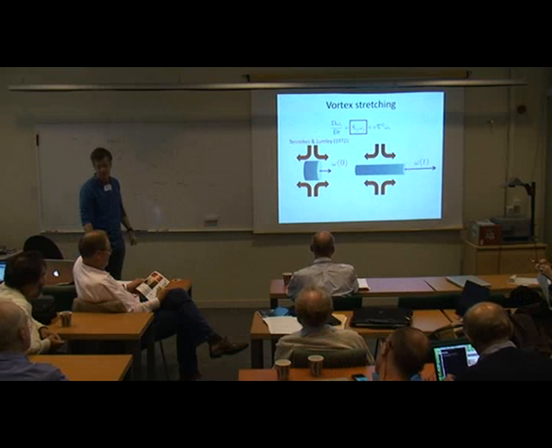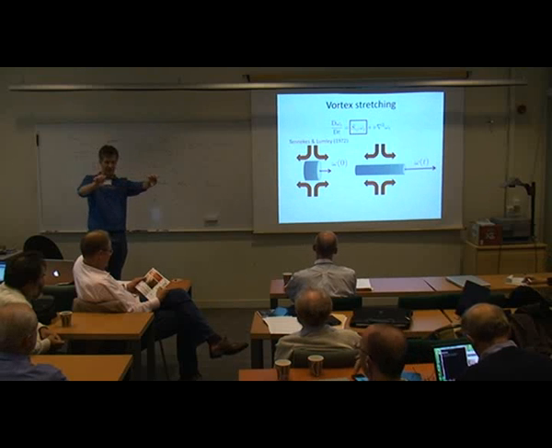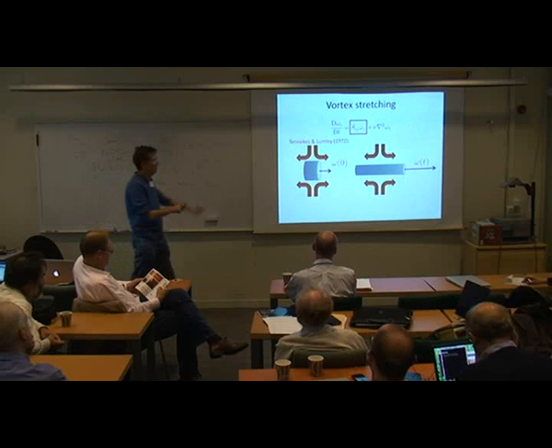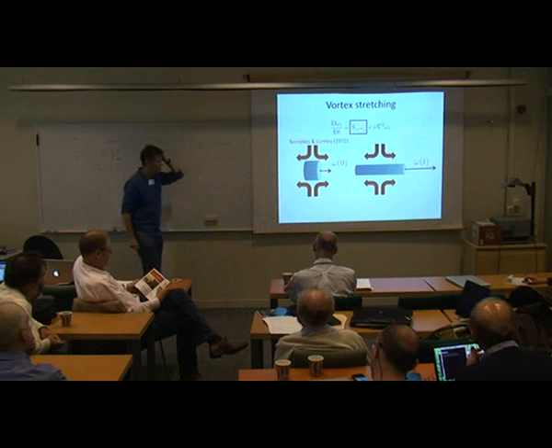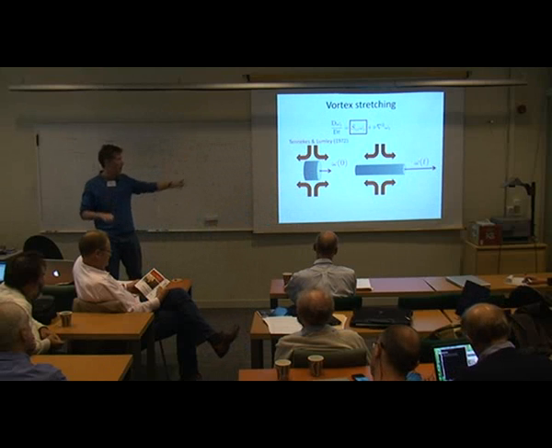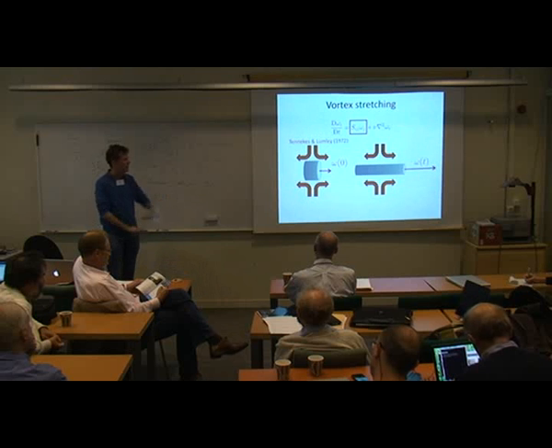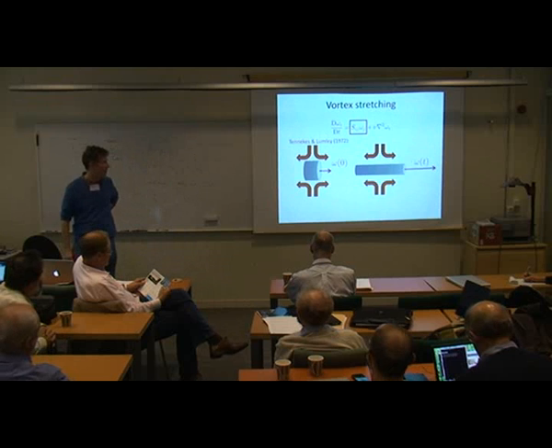It's an incompressible fluid, so as it gets longer, it also gets thinner. As it gets thinner, for the same amount of fluid, the moment of inertia in the direction which has been stretched gets lower. And if you invoke conservation of angular momentum, you deduce that omega of t increases. That's what Tennekes and Lumley say in their book.